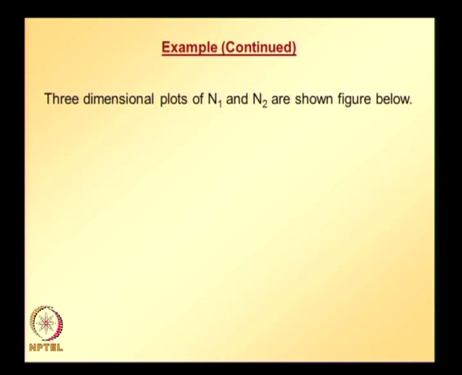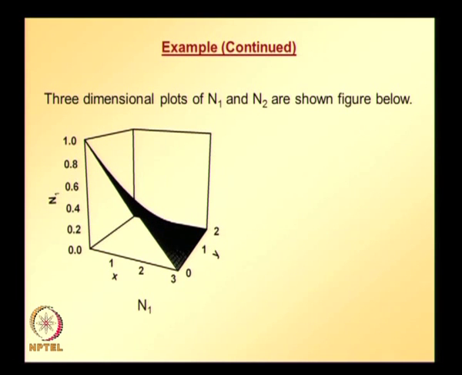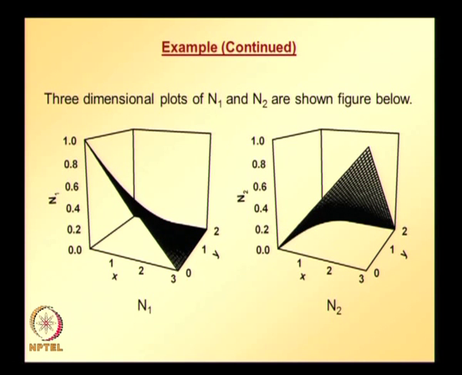Similar plots are shown here for n1 and n2, 3 dimensional plots of n1 and n2, and these plots can be obtained using any of the commercial software like MATLAB or Mathematica by just giving the expression for shape function and also the range over which plot is required, that is x going from 0 to 3, y going from 0 to 2.